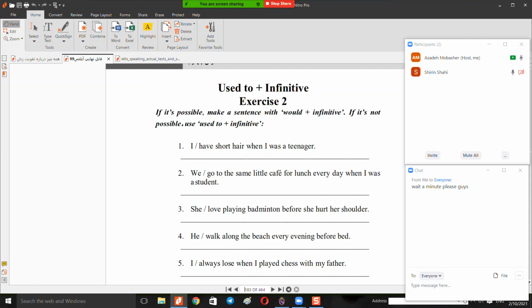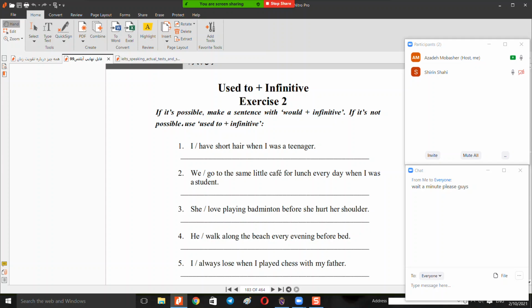"میرفتم". Yes. I used to wake up. I always translate it for myself as "عادت داشتم". But I think I explained this at the end of this lesson, that in some grammar books, they say that used to is used for habits in the past. That is just partially true.